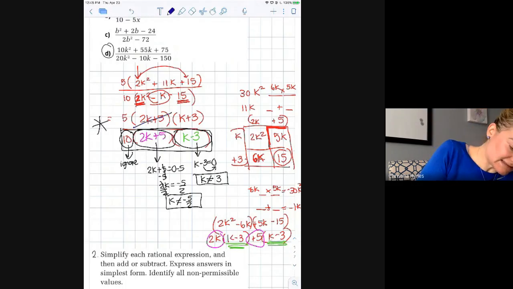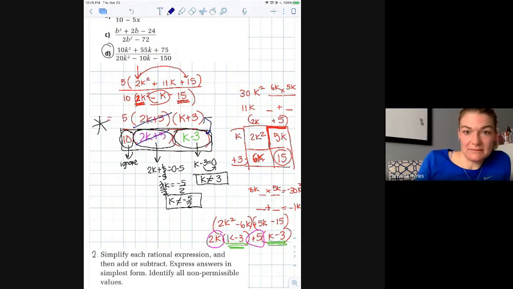So this is identical to this 2k plus 5. These two are not the same. You cannot touch them. You can't just take out a k and a k because they look the same. k plus 3, they are attached to each other, and k minus 3, they're attached to each other. You can only cross them off if they are identical factors. So if you see addition or subtraction, only if they're identical do you cross them off.